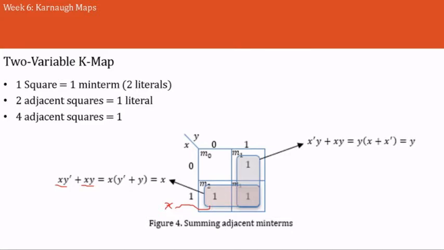What is common to them is y, since the value of y in minterm 1 is y and in minterm 3 is y. So the expression for this group is y. Summing up the adjacent minterms, the value of f is x plus y.